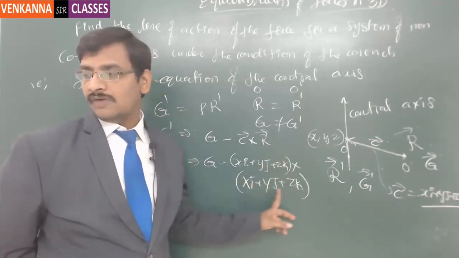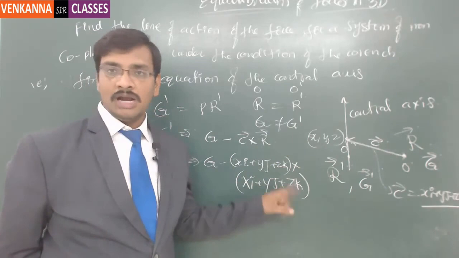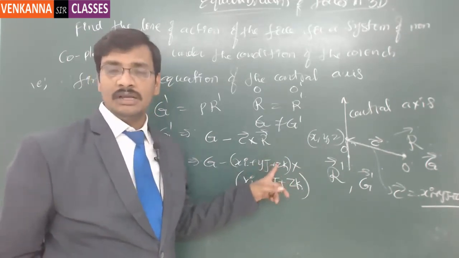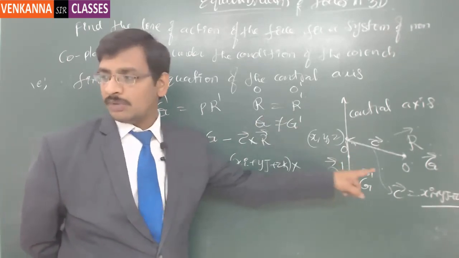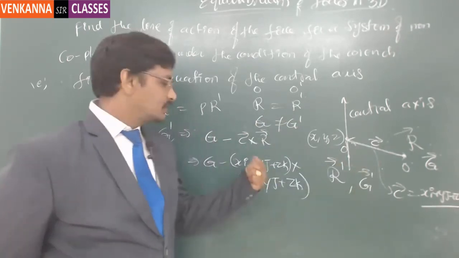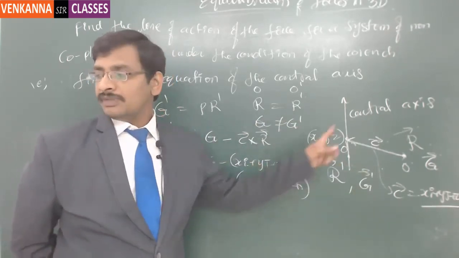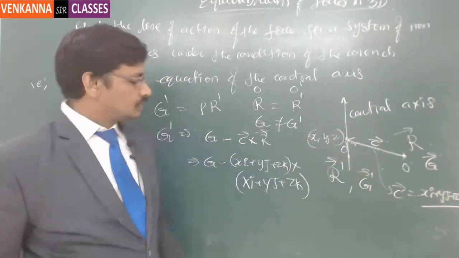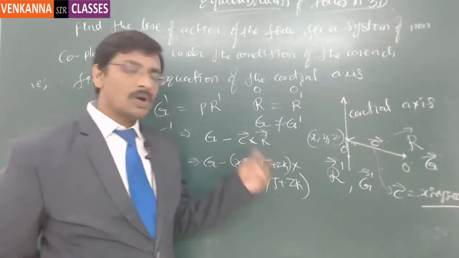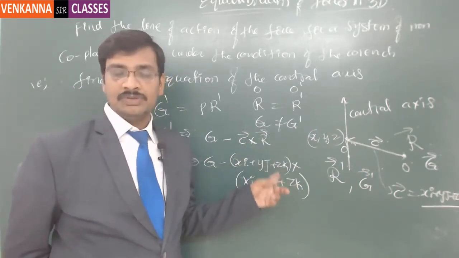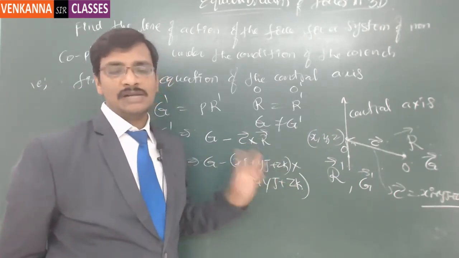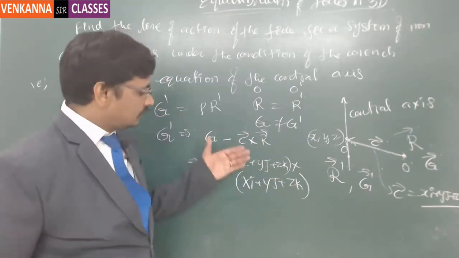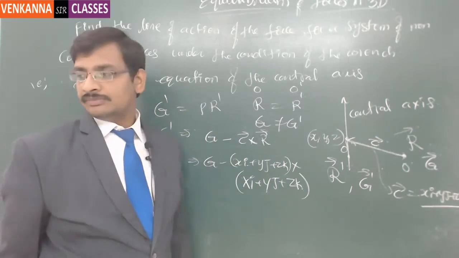So all together we have expressed it in this particular format, where the base point is at a position vector xi plus yj plus zk with respect to the initial base point that we considered. And this position vector is nothing but the point on the central axis. Got it? So we want to identify the locus of x comma y comma z. So this is nothing but the equation of the central axis for us. So this we are going to simplify.